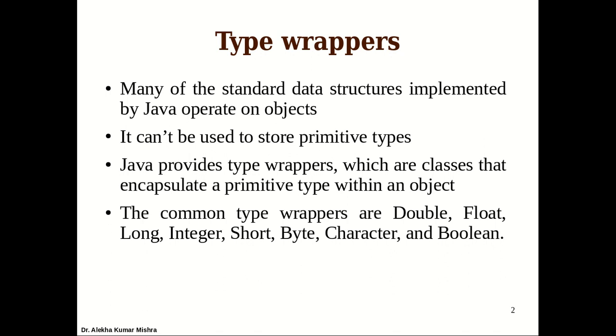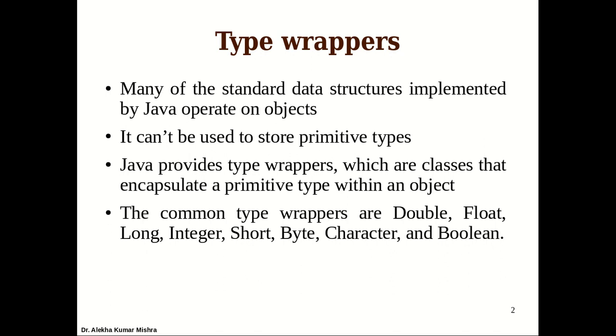So normally these things are not applied on primitive types. Until now we have seen that mostly when we apply any standard operation, we apply it on primitive types. But Java provides various operations, and for that it treats any input as an object.